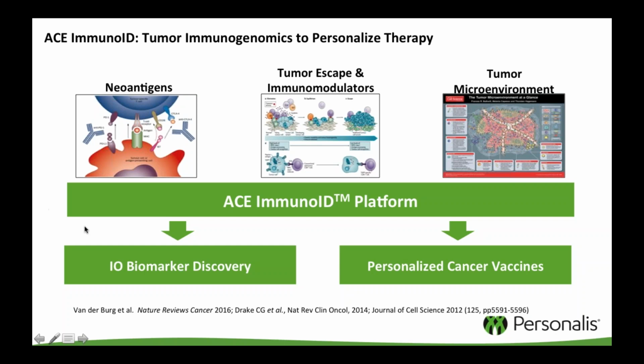So in my presentation today, I'm going to be discussing our platform, ACE ImmunoID, and how at Personalis we really envision this platform as a ubiquitous solution for the development of both personalized vaccines and also to fuel immunotherapy biomarker discovery. But today I'll primarily focus on the work we're doing with our customers who are searching for these more accurate biomarkers for immunotherapy response.